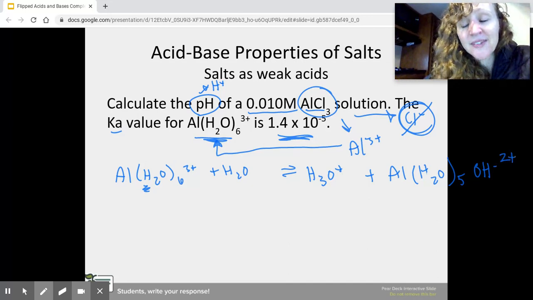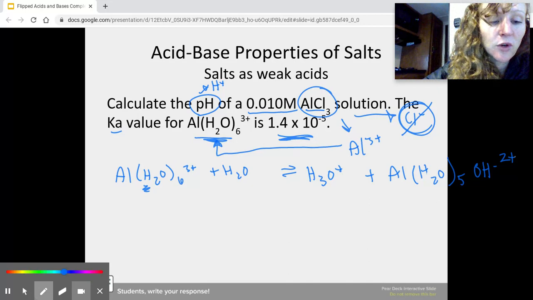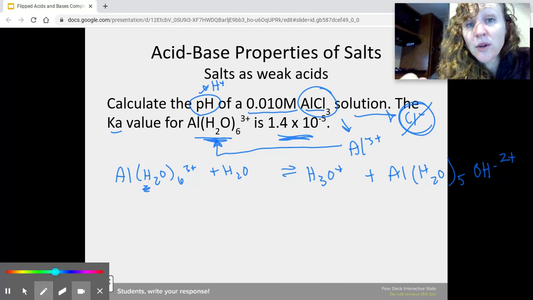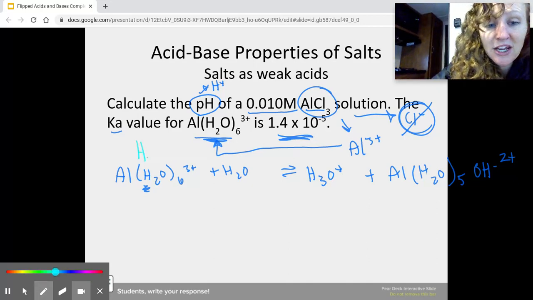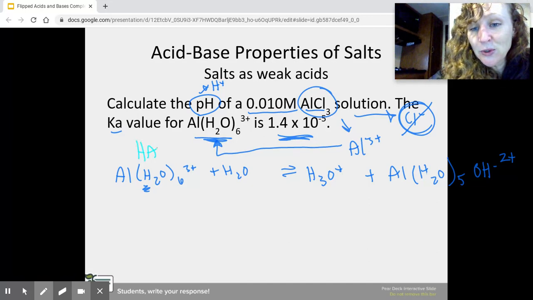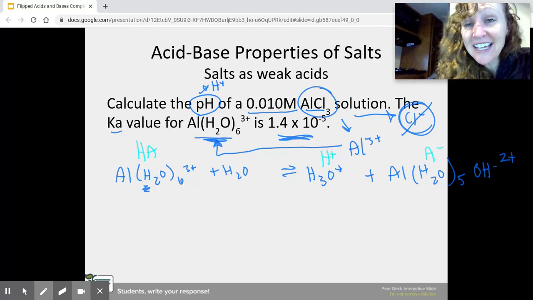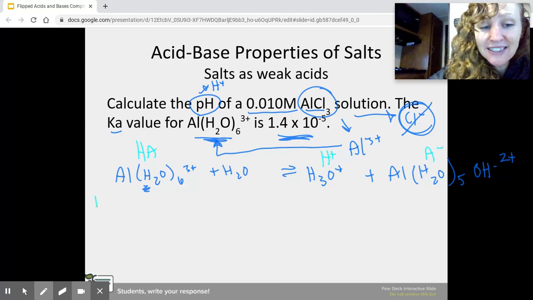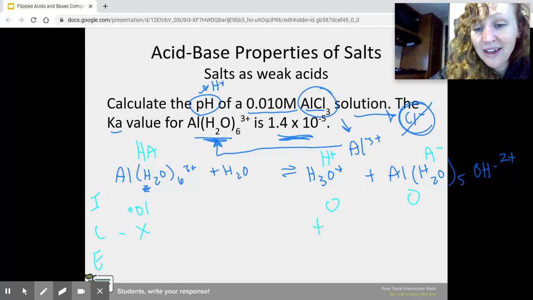So I've set up my equation now. We talked about this before. If your acid is messy and you don't have time to deal with it, just write HA goes to H+ and A minus, right? And then you can just plug your numbers in directly. 0.01, 0, 0, and you don't actually have to mess with what that acid is.